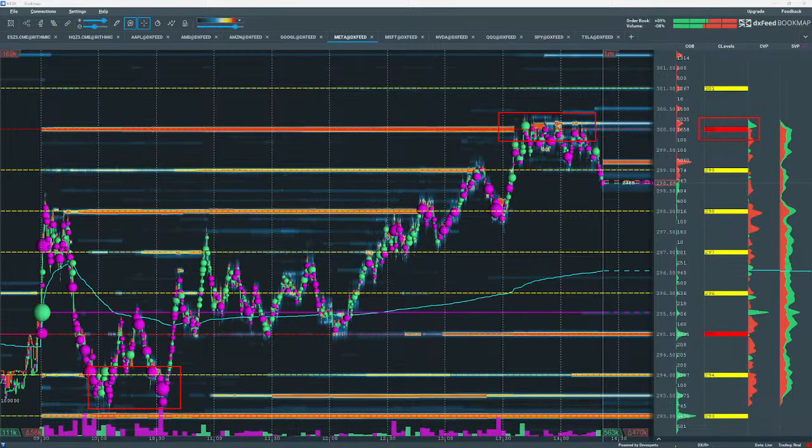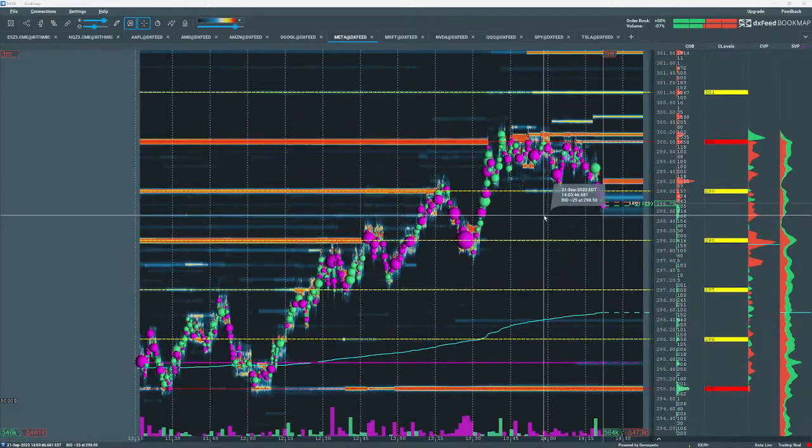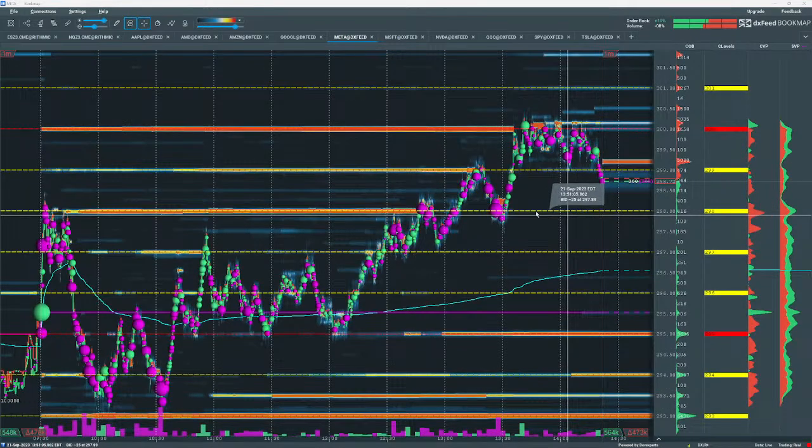And let's just zoom in on this a little bit. What I'm looking at is the liquidity in the order book. This is pretty typical of stocks, that traders will come in at the cash open and put in their limit orders.